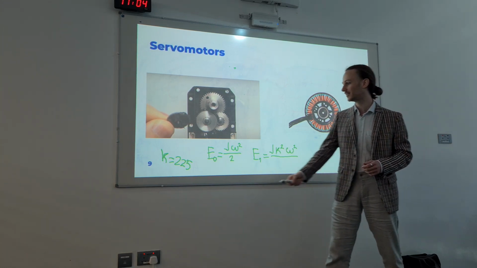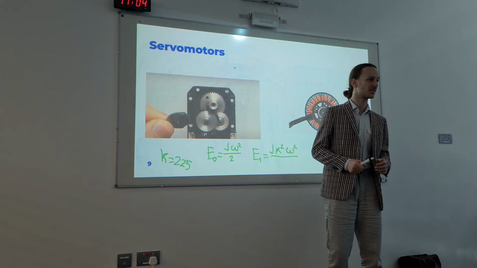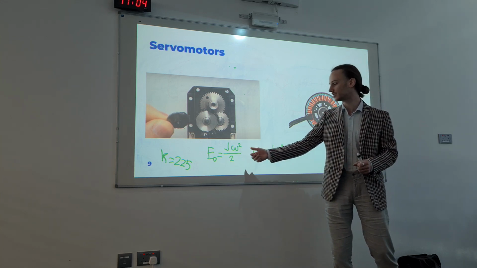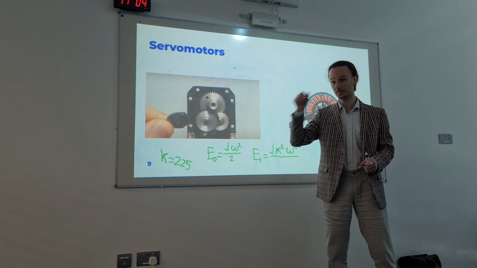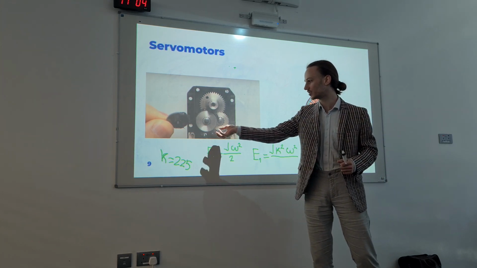That's very bad. Here it's 225, so it will be around 5,000 times the energy needed to accelerate the rotor alone. And the motor actually has to do it itself.